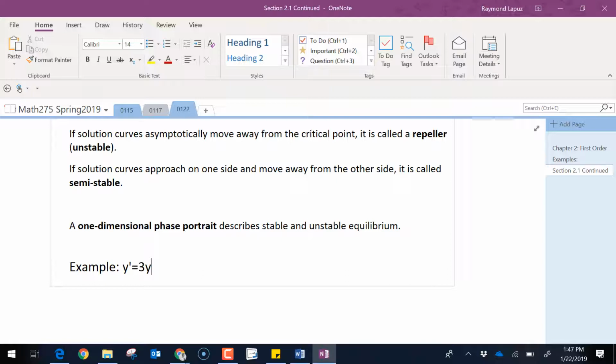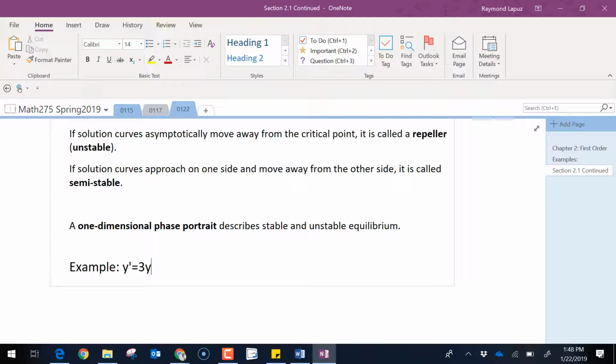The rate of change of the function is proportional to the function. It's kind of like those population ones, right? So, any ideas what the solution might be now? It's exponential. Okay, we'll see that in the next couple of days.